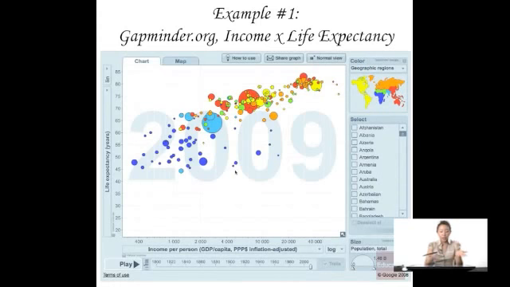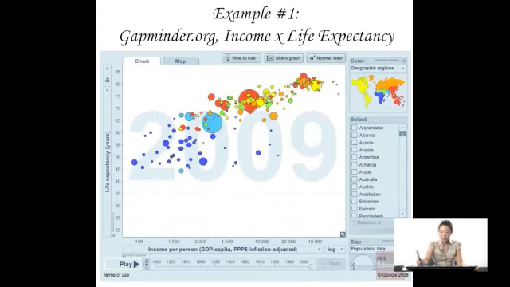So I'm going to introduce you to this thing called gapminder.org. It's this wonderful website that puts together all these different databases of really interesting information from all over the world and puts it in beautiful graph form so that we can look at the data in new and very interesting ways. So you could go to gapminder.org if you want.